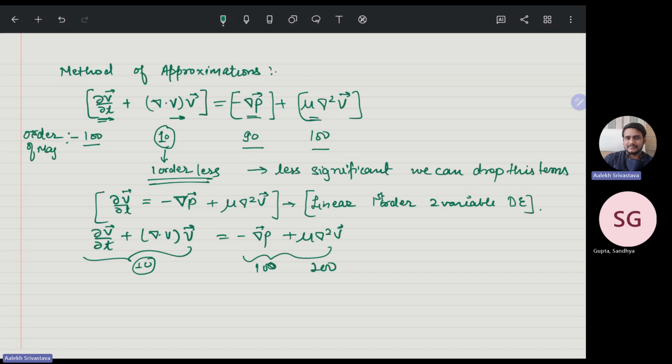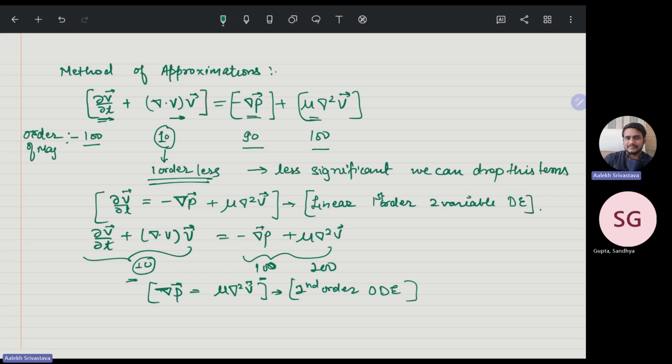It is a relative thing. Then it is like gradient of v is equal to mu gradient of v. So here simply you can say that it is now a second order ordinary differential equation, and now you can easily solve this equation.